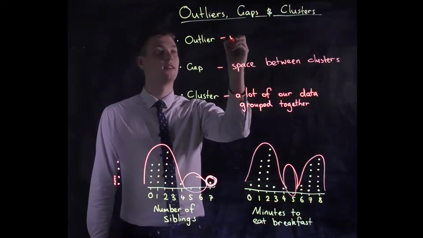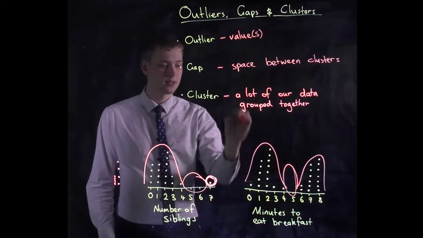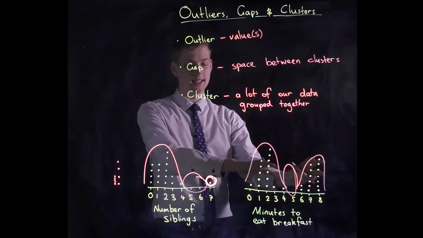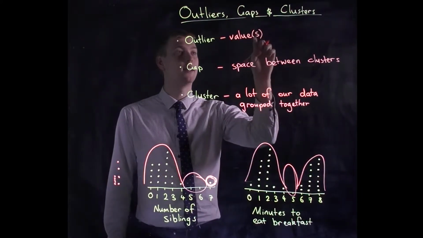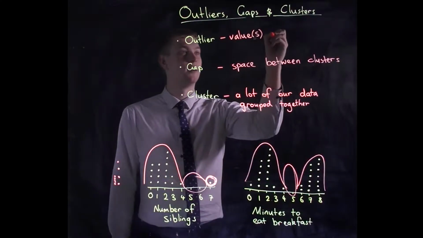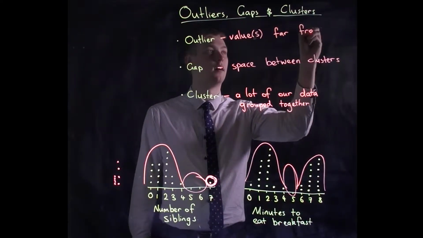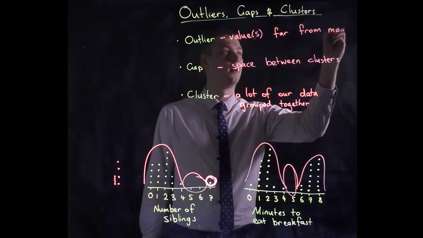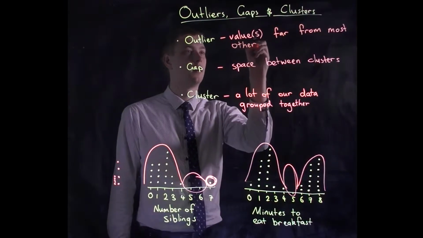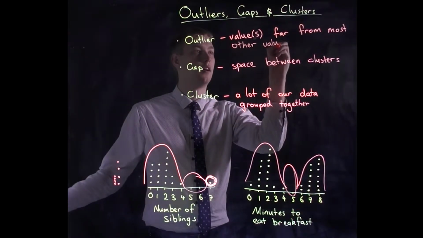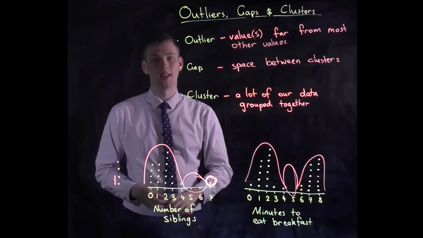So that's a value, or values, but it's not going to be something like this many, just a few. So they're values that are far away from most of the other values.